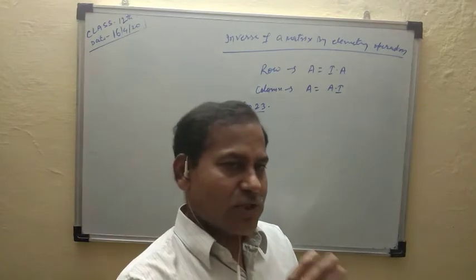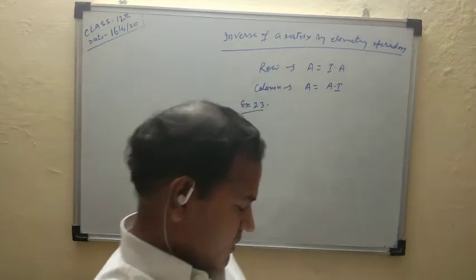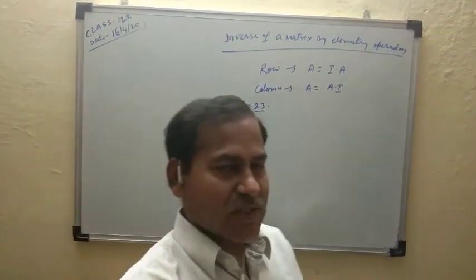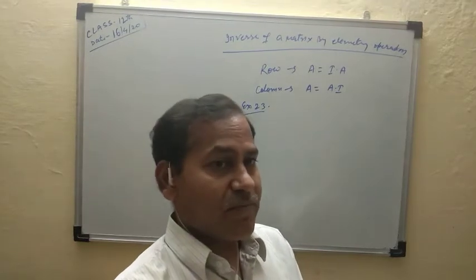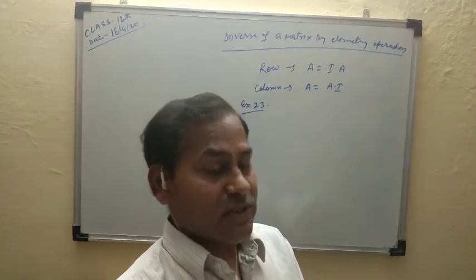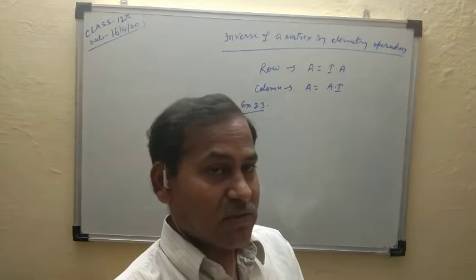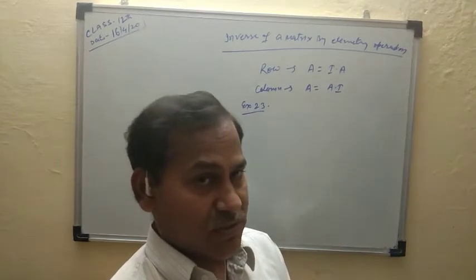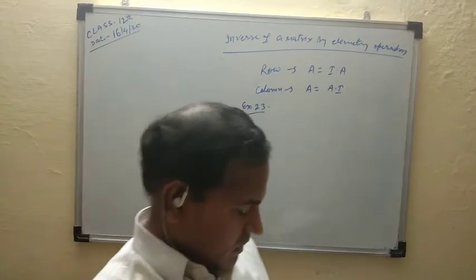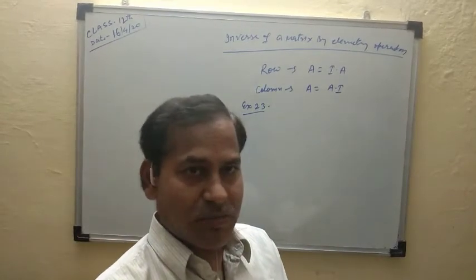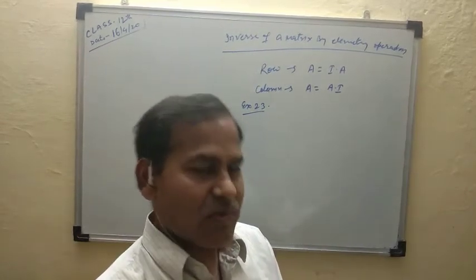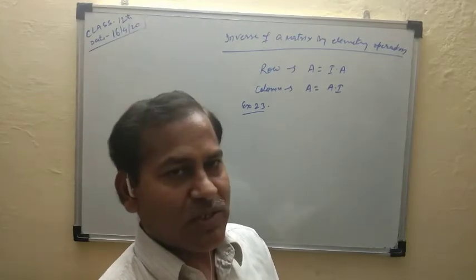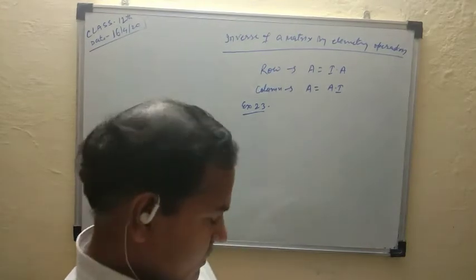Elementary operation means using row operation or column operation. If not mentioned, then use any one operation. If it is mentioned in the question, that is, find the inverse using row operation, then use only row operation, not column operation. So here the method is not mentioned, so use any one method, either row operation or column operation.